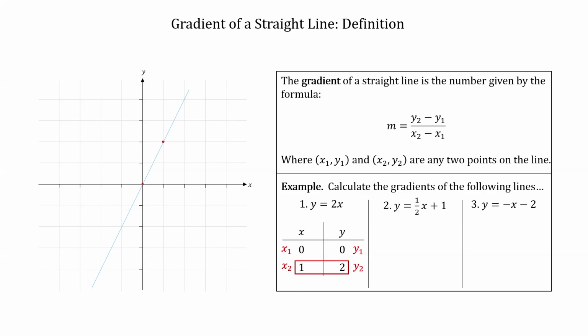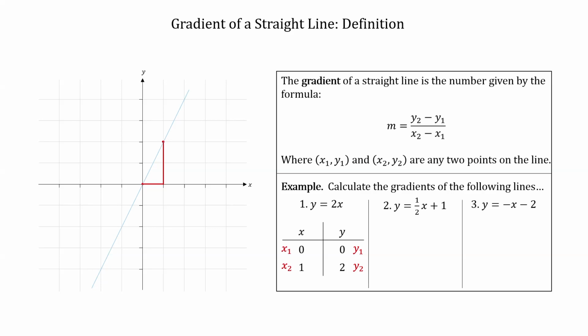Now hopefully you remember from a previous video in this series that y2 minus y1 is essentially this length here, and x2 minus x1 is this length here. We discussed this in a previous video. If I have 2 points lying on a line and I make this right angled triangle here, then the difference between their y coordinates is the length of the vertical side, and the difference between the x coordinates is the length of the horizontal side.